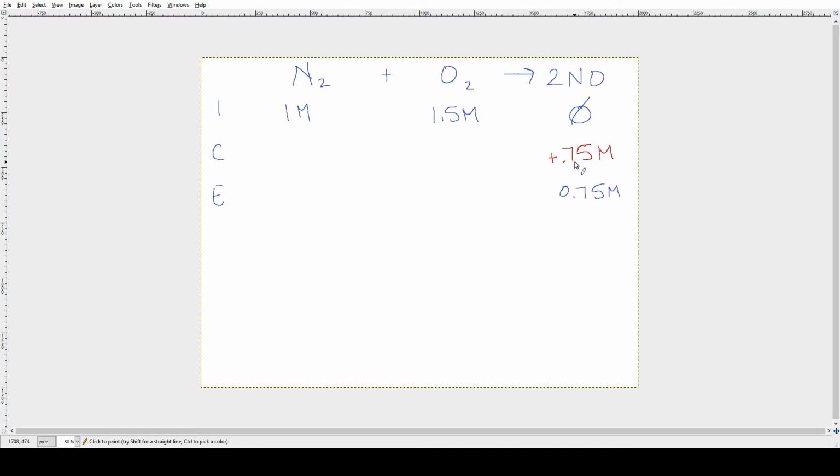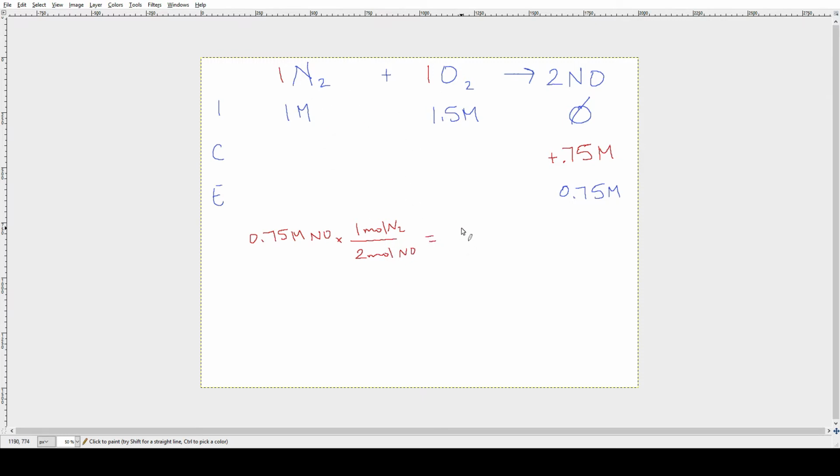Now I know if I use a mole ratio from my balanced equation, if I have 0.75 molarity NO, for every 2 moles of NO, I will have 1 mole of nitrogen or oxygen. They're both 1-to-1 with this.